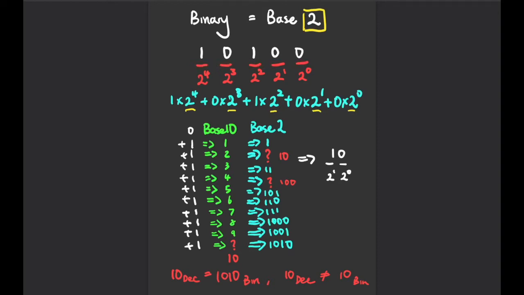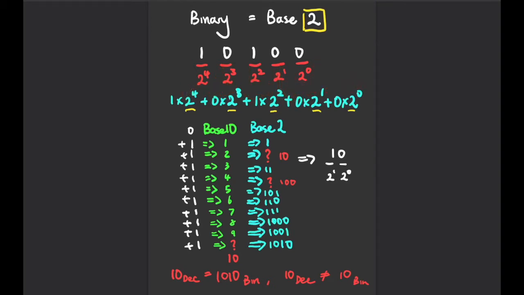From the right to the left, it starts off with each digit holding a value of 1, value of 2, 4, 8, 16, and so on. And so this number 10100 is actually 1 times 2 to the 4th, which is here, 0 times 2 to the 3rd, 1 times 2 to the 2nd, 0 times 2 to the 1st, and 0 times 2 to the 0th.